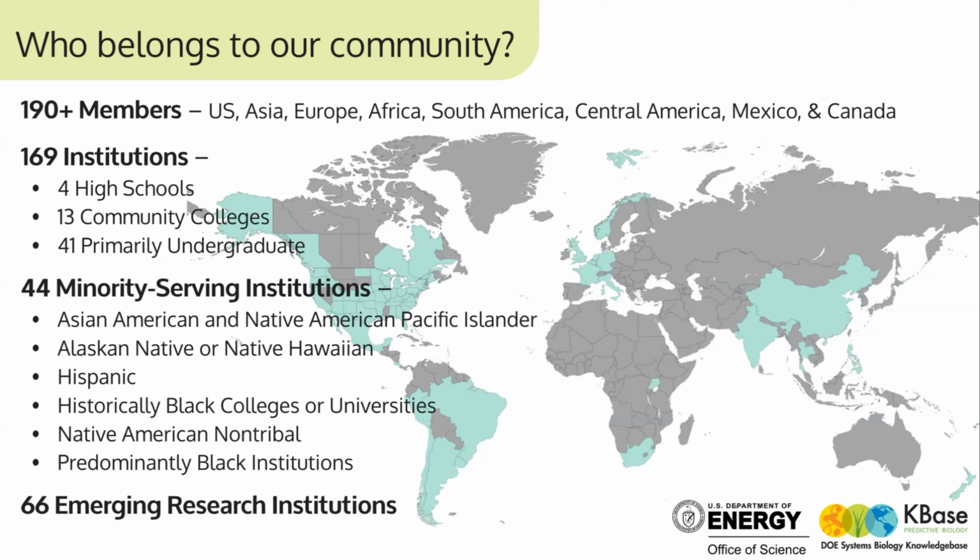I know it's not as applicable for our international audience, but within the US, especially with Department of Energy or National Science Foundation funding, there are a lot of programs to support instructors at these types of institutions that don't have all the funding that an R1 research institution might have.